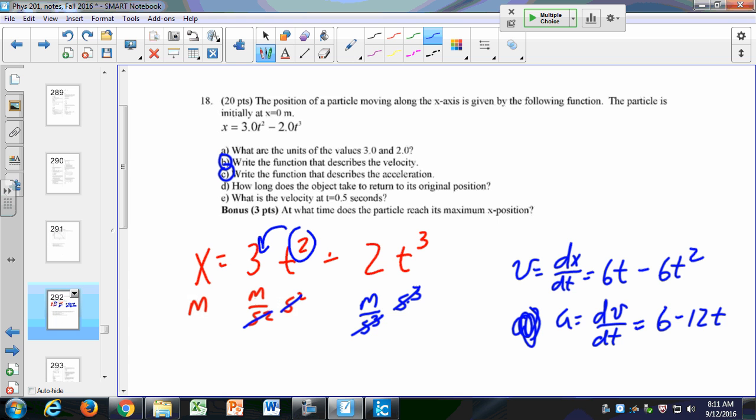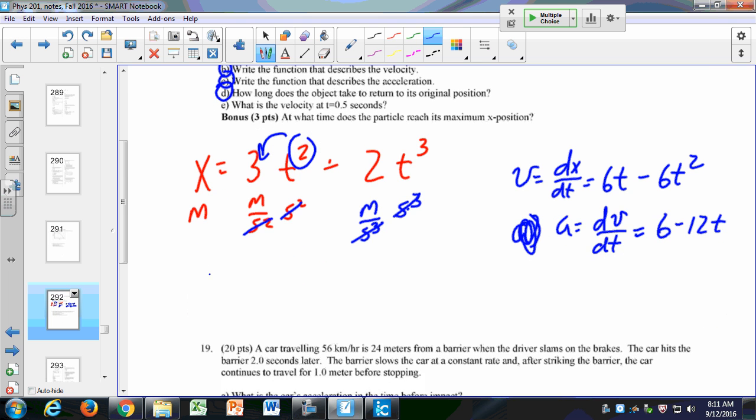How long does it take for the object to return to its original position? Okay, on this one, I'm going to rewrite it. I might have worked this differently in the video, but x is equal to 3t squared minus 2t cubed.